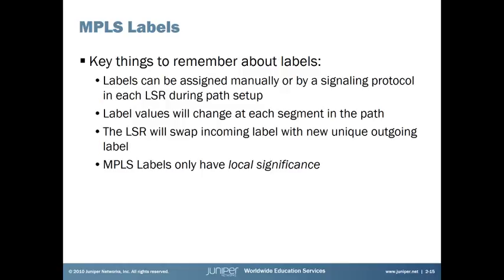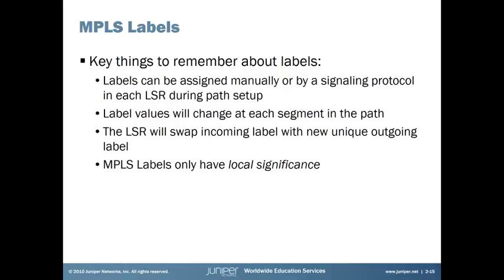Label values will change at each segment in the path. What do I mean by that? Well, what that means is that you put a value into the label. The packet arrives at the router, looks at the value and looks in its lookup table and says, okay, I need to forward that out this interface.